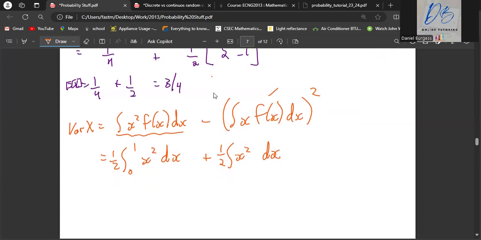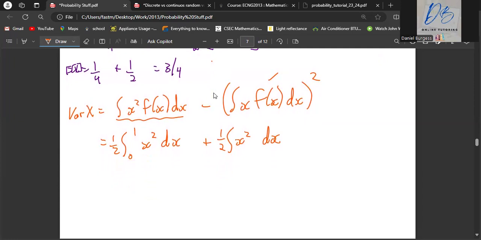When you multiply it out, you'll get the half to both of them. So this would just end up being a half by x cubed on 3 plus a half x cubed on 3.